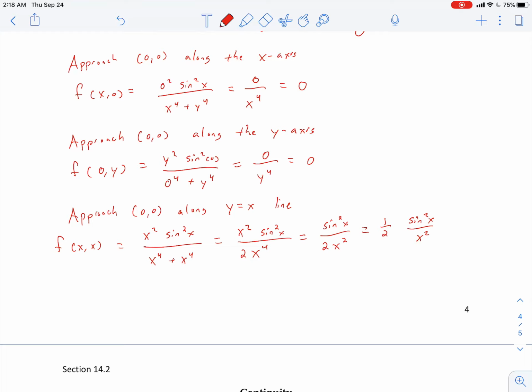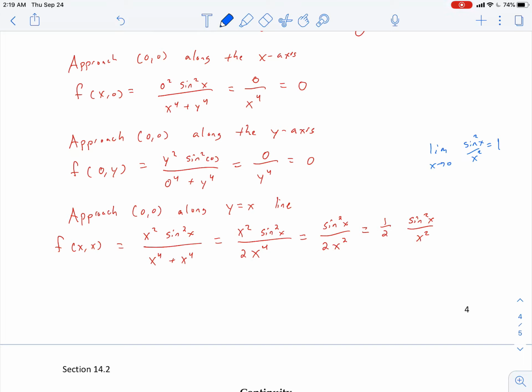Now, if you recall, x is approaching what value? X is approaching 0. One of your identities for limits, if you recall, the limit as x approaches 0 of sine of x over x is just 1.